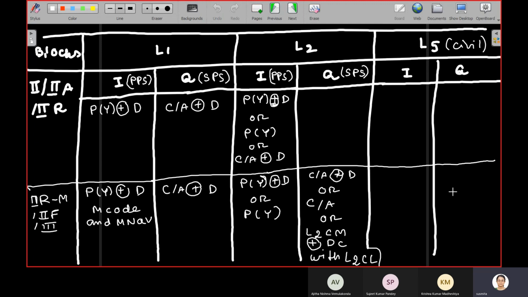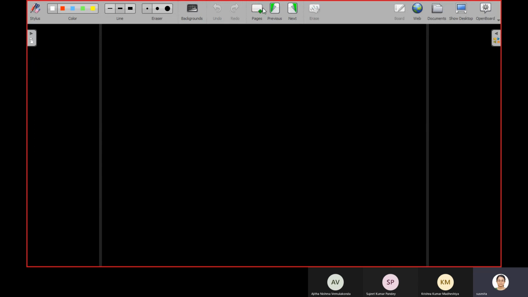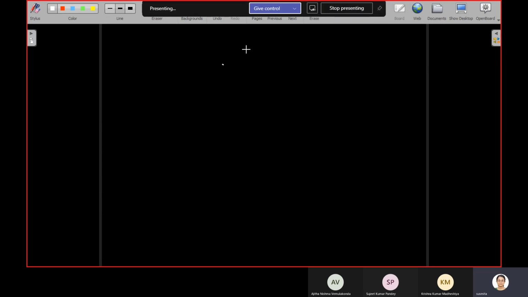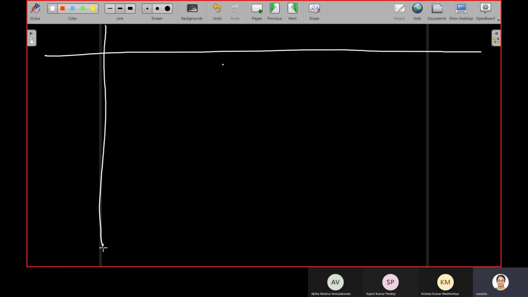I'll quickly put that table again because I could not accommodate all the blocks here. And this is the last one.